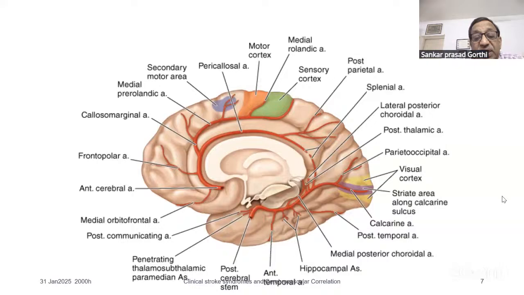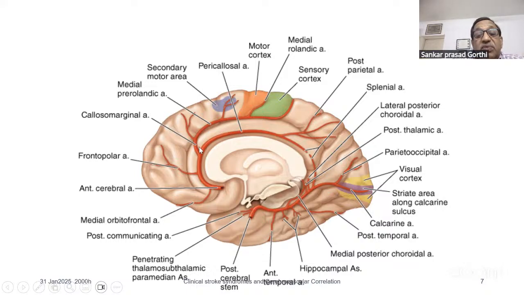And you can see the small branches which are coming from the anterior cerebral artery. You can see the branches. The first branch is the medial orbitofrontal branch, then the frontopolar branch, marginal branch, and medial pre-Rolandic branch. And you see this is supplying the secondary motor area.